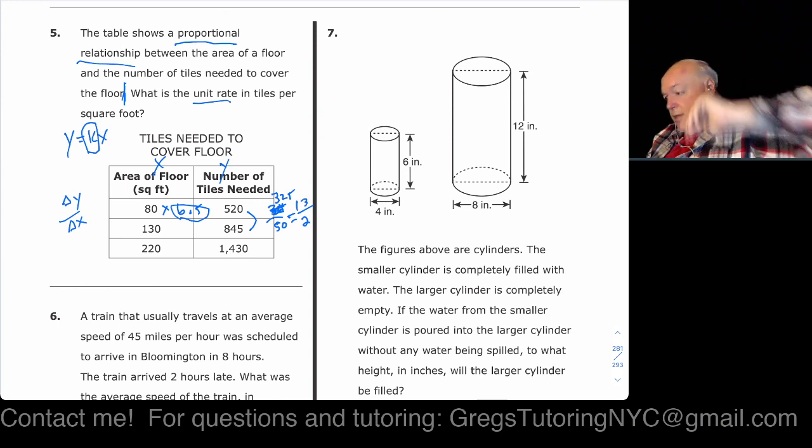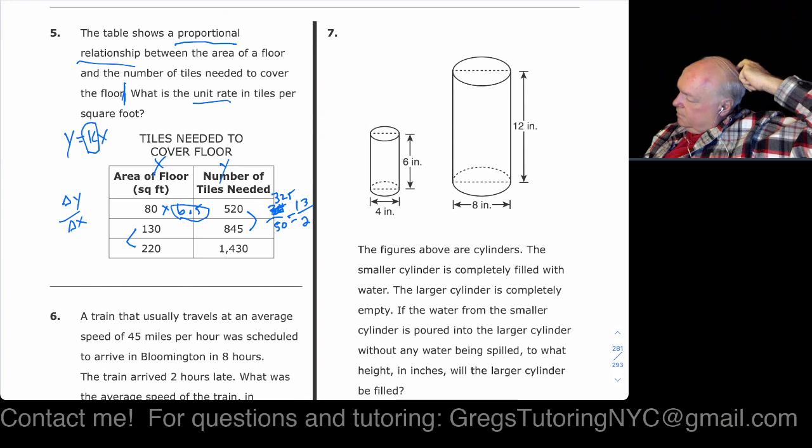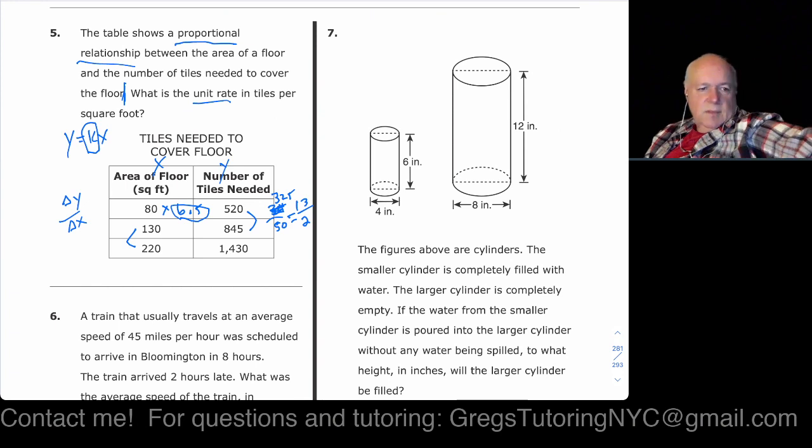So just like the other example, we can pick basically any 2 points. Let me use the space over here between these two. So what do we have? We have 1430 minus 845.